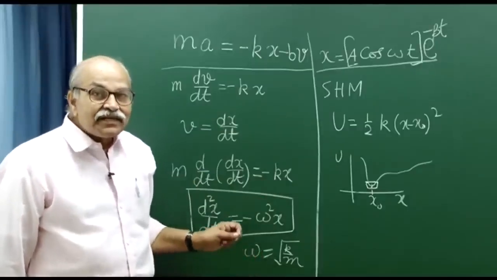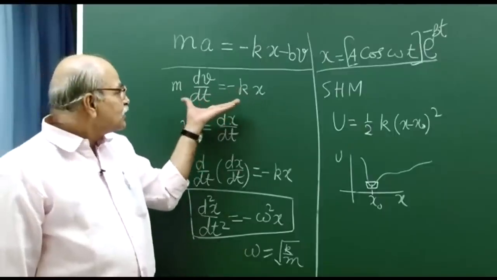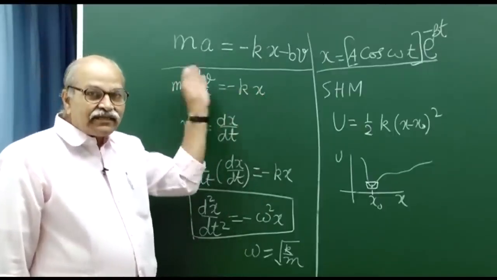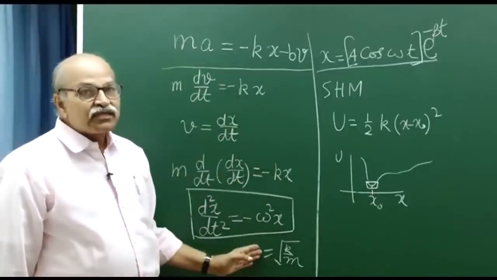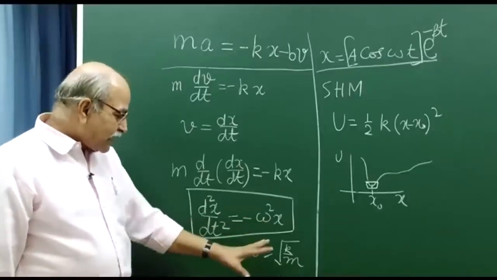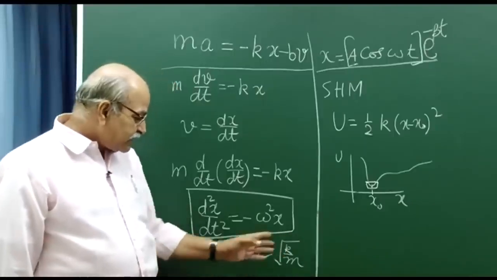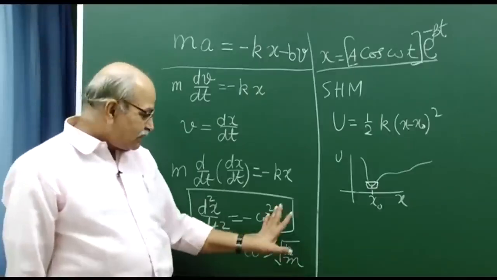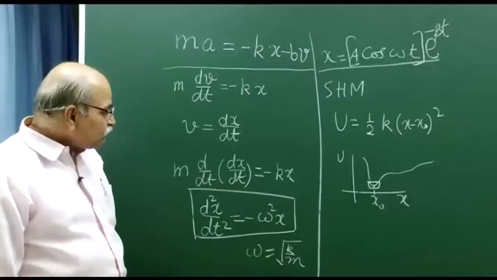We call it the natural frequency of the system. The system, which includes the object and the restoring force, decides that it will oscillate with this particular frequency. This omega is called the angular frequency, and your frequency will be this divided by 2 pi. But we generally call this also frequency.